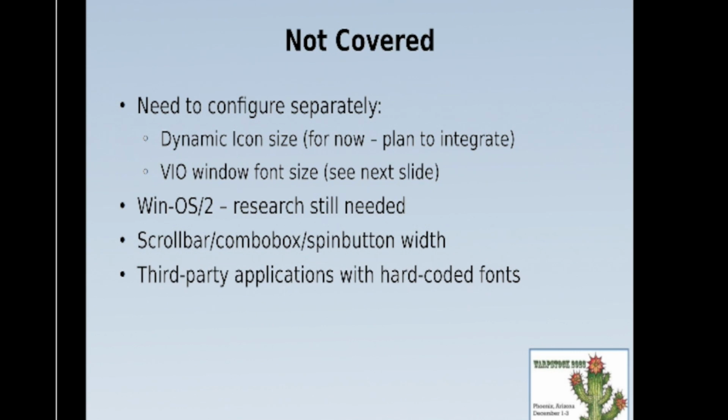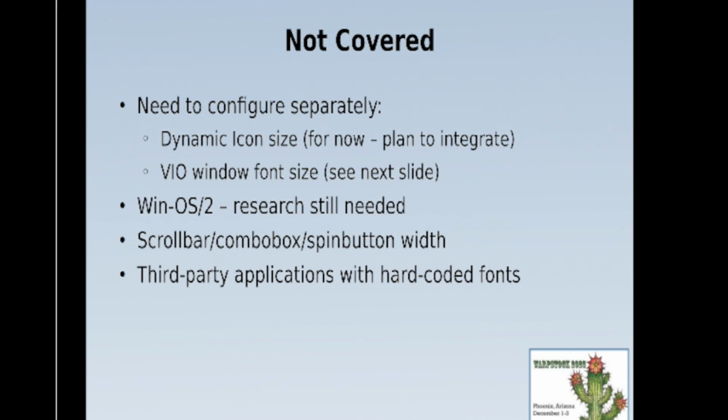Scroll bar width, spin button width, and combo box drop-down menu button width don't seem to scale up automatically. There is probably a way to do it, either by setting it programmatically or possibly system-wide by subclassing it somehow. I don't know. This is something that we might be able to do in Styler. I briefly looked at it when I started researching this.